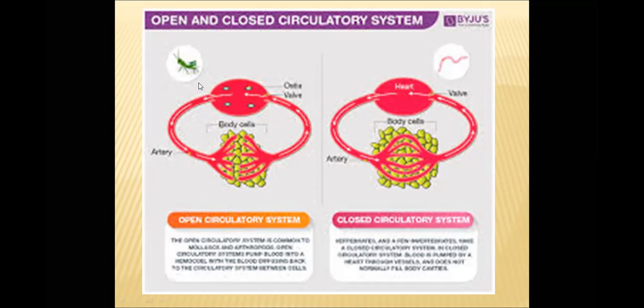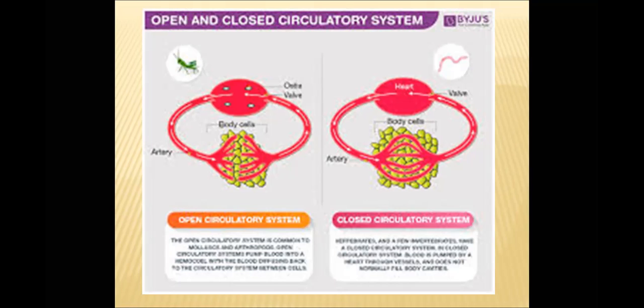In the head region, the cephalic cavity; in the abdomen region, the visceral cavity; and around the nervous system, the perineural cavity. So the blood enters into these cavities. From these cavities, the exchange of materials takes place between the blood and the tissues.